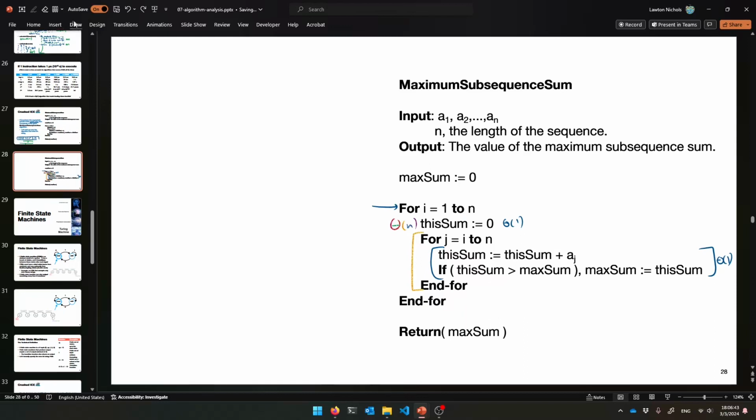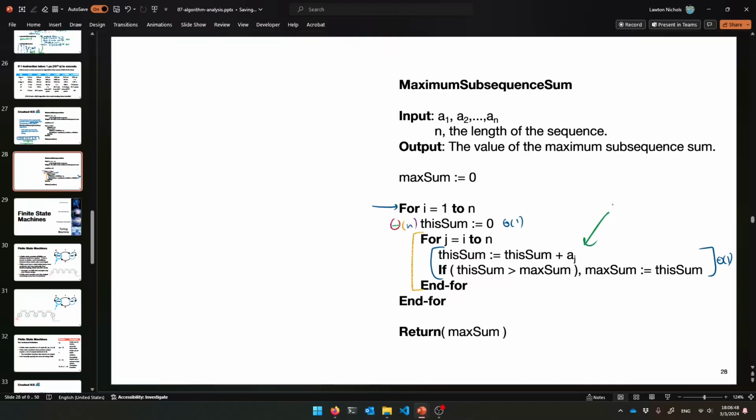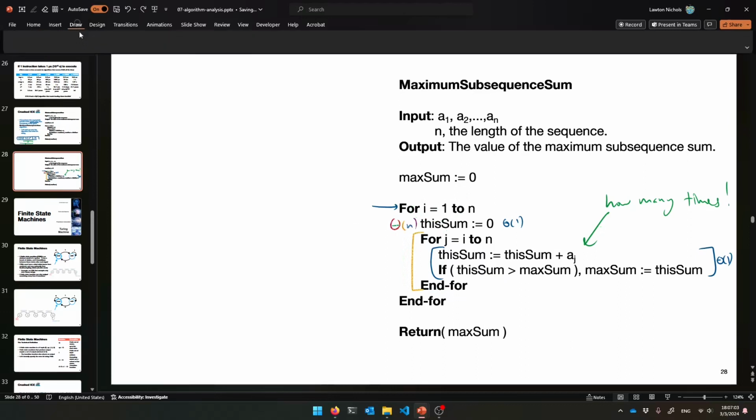So our question to ask ourselves is, how many times is this inner loop body running, really? Because it's doing constant work, but how many times? It's weird to think about. Let's figure this out. When i is 1, how many times is this whole loop running? It's going from 1 to n.